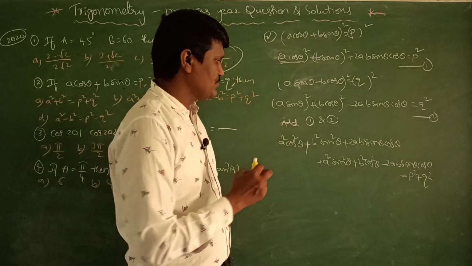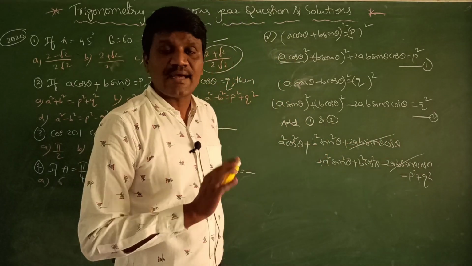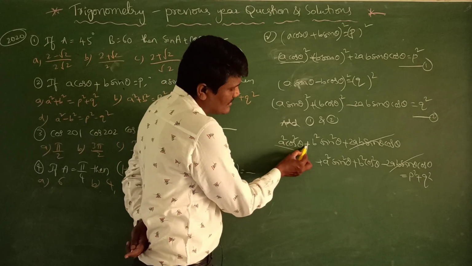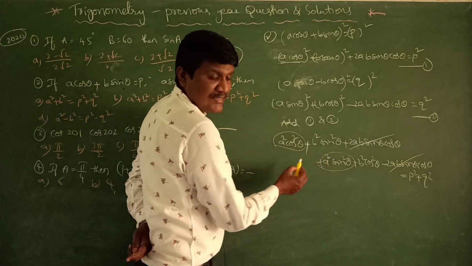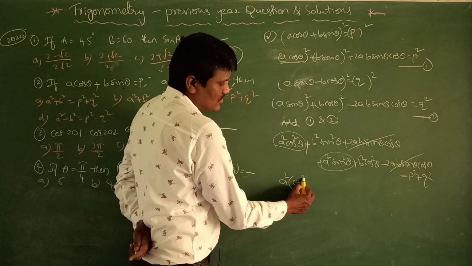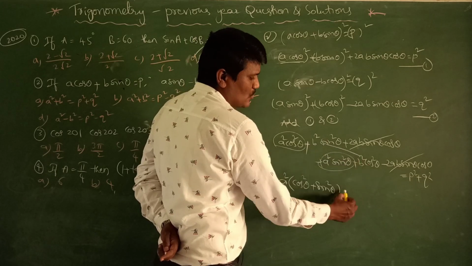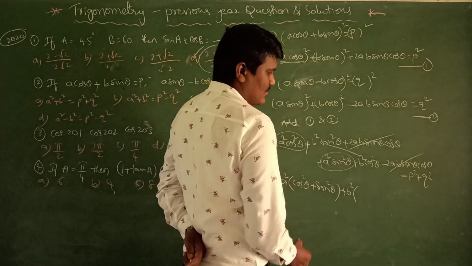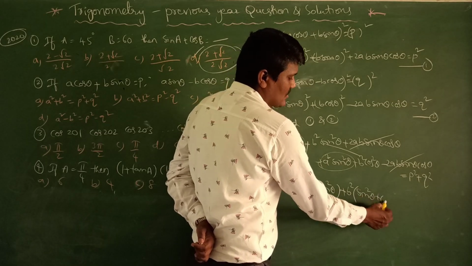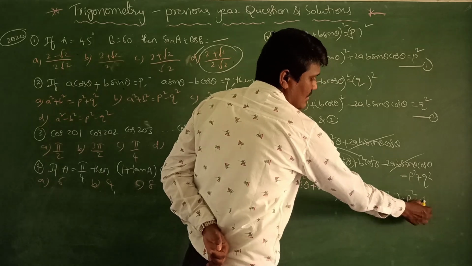If you observe now, 2ab sin theta cos theta and minus 2ab sin theta cos theta get cancelled. Then from the a square terms I can take a square common, cos square theta plus sin square theta, and from the b square terms I can take b square common, sin square theta plus cos square theta, is equal to p square plus q square.